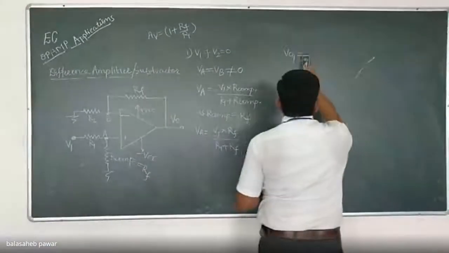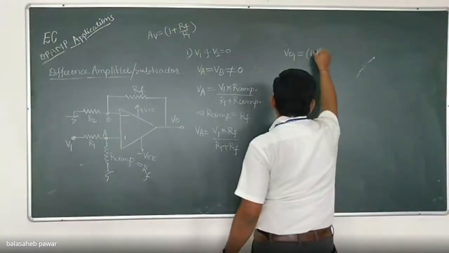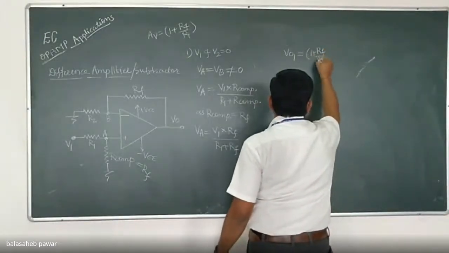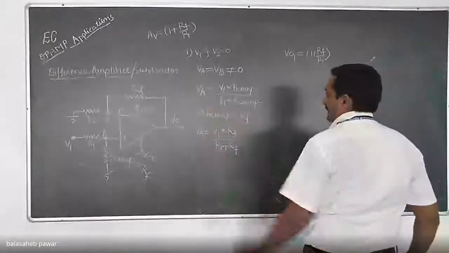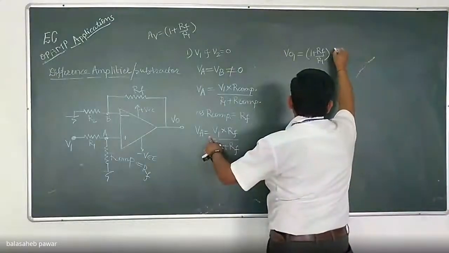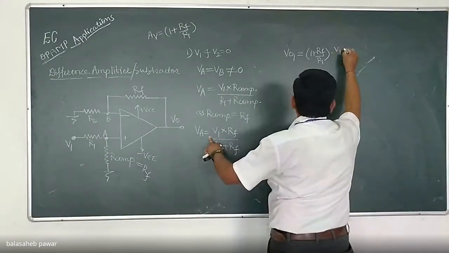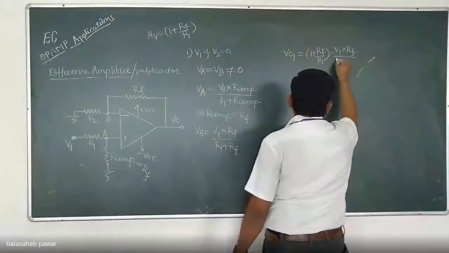So I will write here VO1 equals the gain 1 plus RF by R1, and what is VA? That is the divided voltage: V1 into RF divided by R1 plus RF.